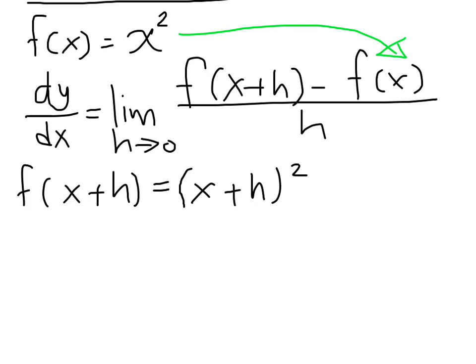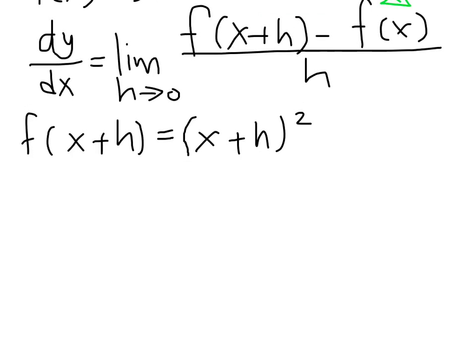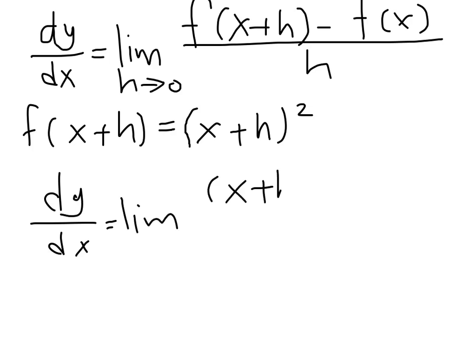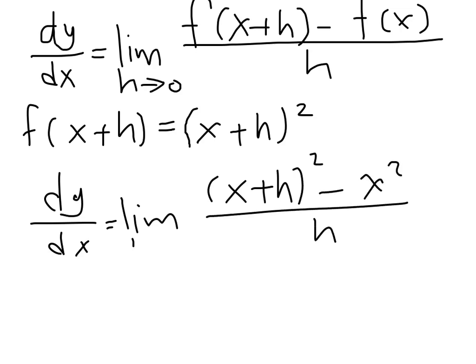Now we take this and substitute in the formula. Alright, so dy by dx equals the limit of x plus h to the power 2 minus x squared over h when h approaches 0.